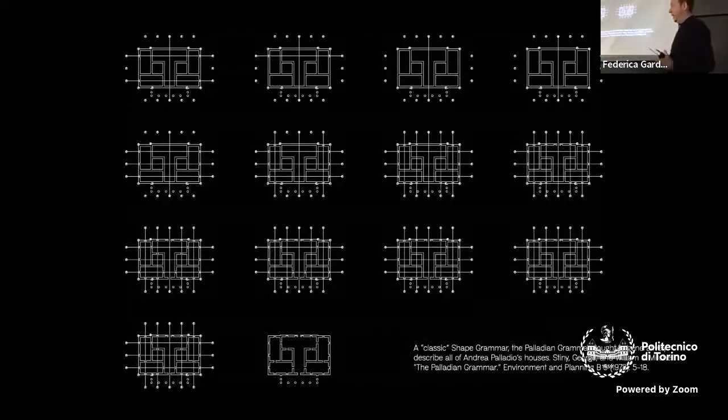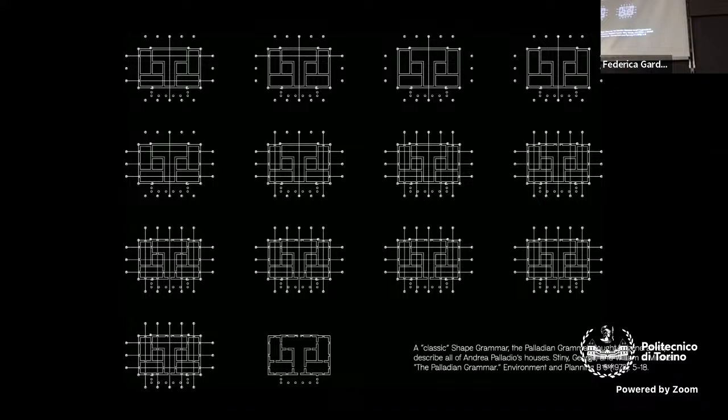So one of the earliest examples of this approach to generative architectural representation is something called the Palladian grammar, which, as you may guess, is an attempt to codify the stylistic signature of Andrea Palladio's architecture in a discrete set of shape grammar rules.